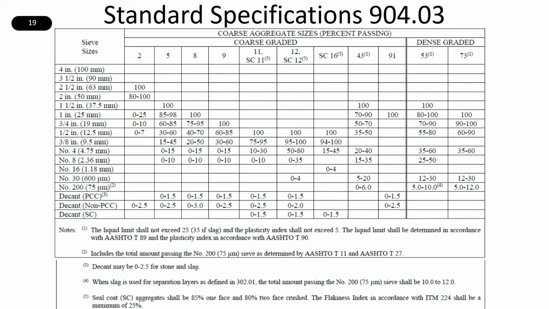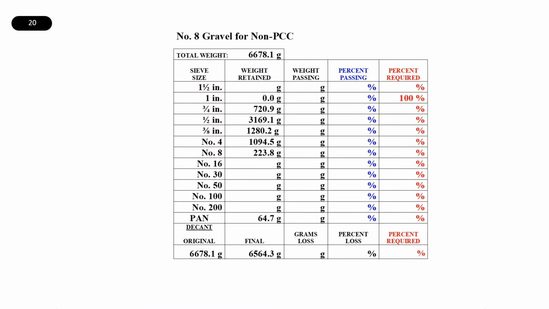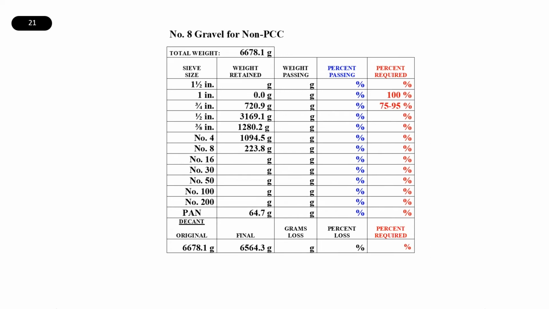The specifications for number 8 coarse aggregate are in 904.03. Transferring the specifications to the worksheet yields the following. Again, just follow along here. There's no room on your classroom handout for the percent required column. For 8s, the 1-inch sieve is required to have 100% passing.